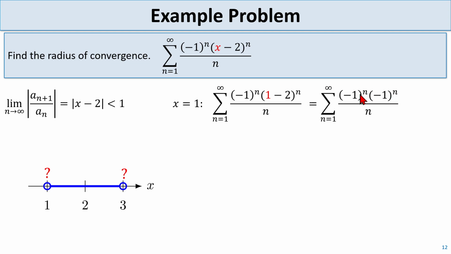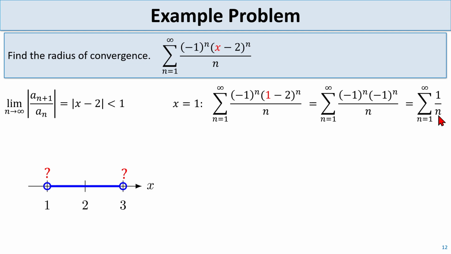If n is an even integer, then these are both just 1, and 1 times 1 is 1. If n is odd, then these are both just negative 1, and negative 1 times negative 1 is still 1. So the terms always simplify to 1 over n in this case.